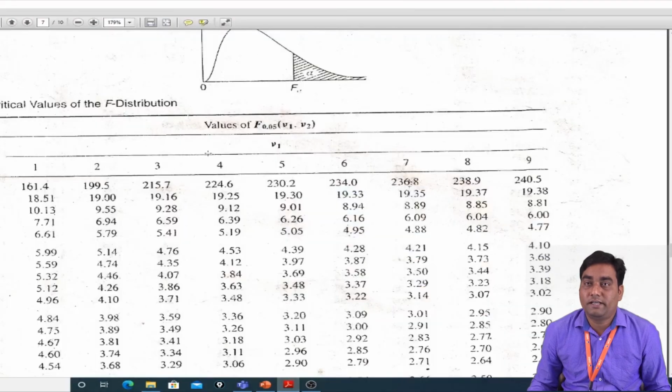In the F distribution table, at 5, 6 degrees of freedom, the corresponding value is 4.39 at the 0.05 level of significance. So F 0.05 at 5, 6 degrees of freedom is 4.39.